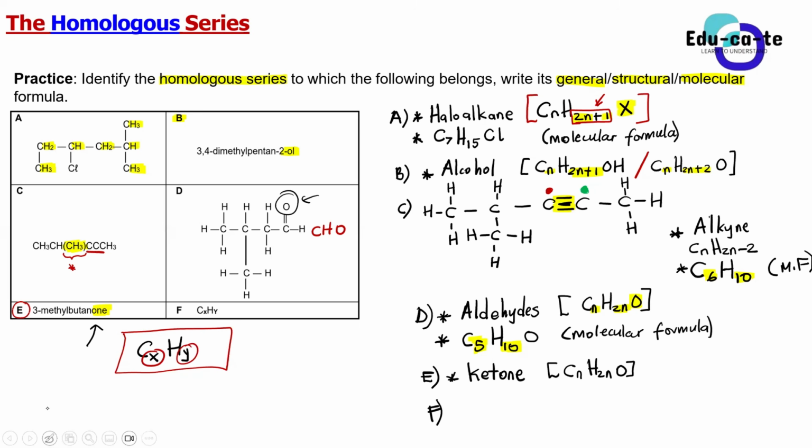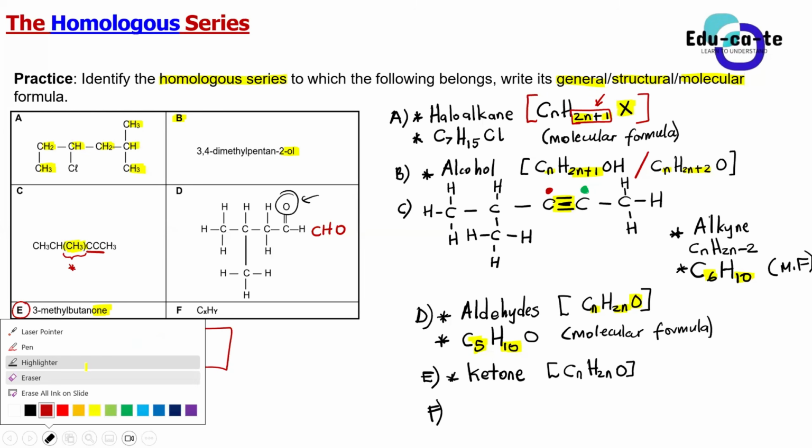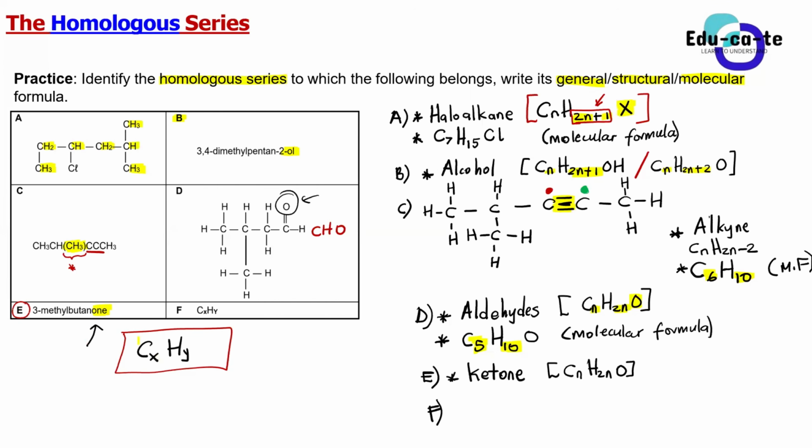Because an organic compound contains carbon and hydrogen only. Yes, even if you don't know the number of carbon atoms or hydrogen atoms present in this compound, what you can definitely see is that the only atoms found in it are carbon, which is C, and hydrogen, which is H. So even if you don't know what X and Y are, this can definitely be classified as a hydrocarbon.